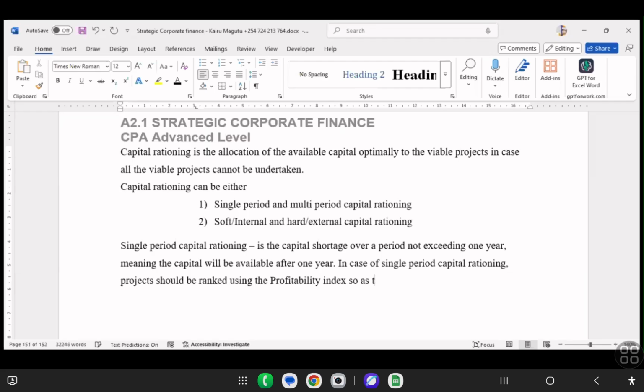So as to determine the project to be undertaken immediately.